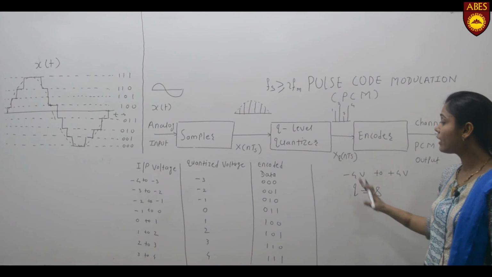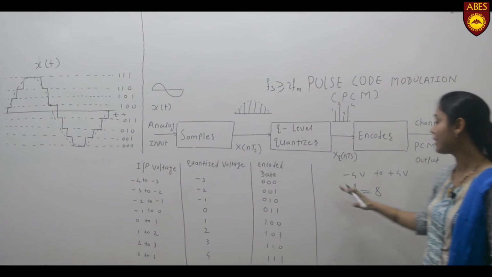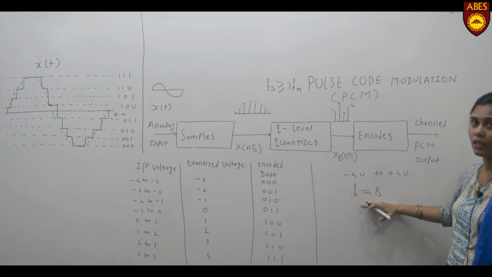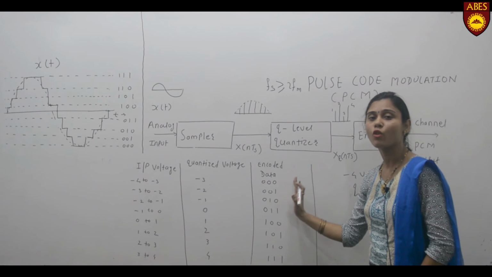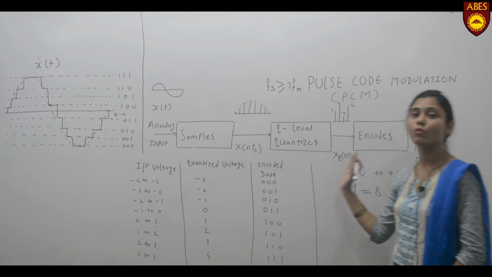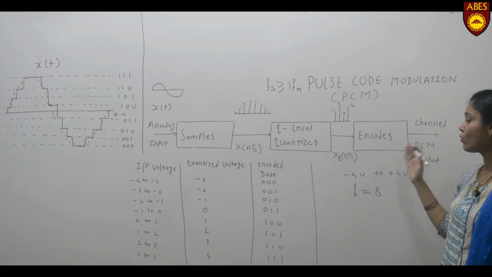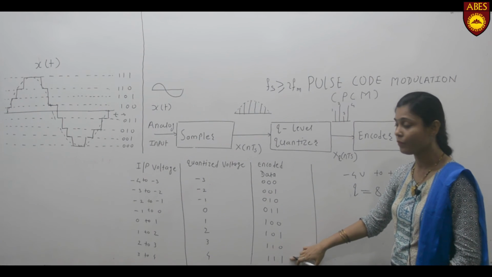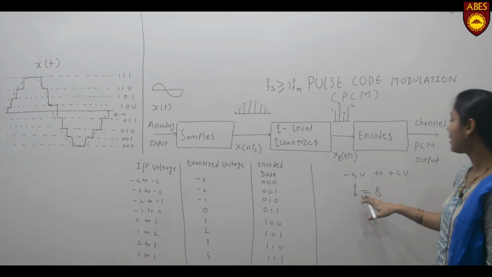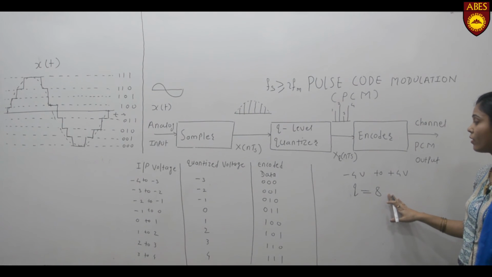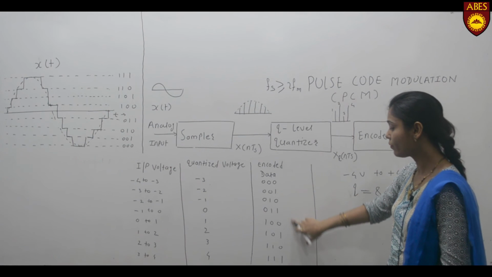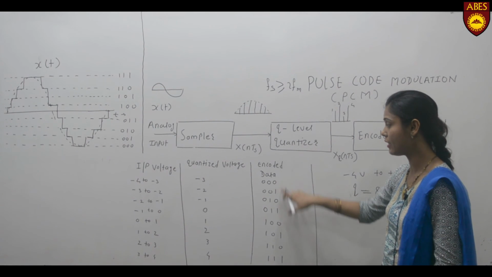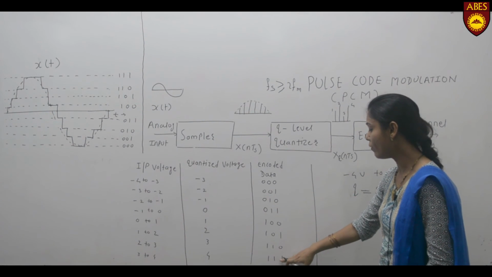We can also increase the number of bits by increasing the number of quantization levels. If Q is 16, then the data combination is a 4-bit combination, from 0, 0, 0, 0 to 1, 1, 1, 1. But here we are assuming that the quantization levels are only 8, so the codes are from 0, 0, 0 to 1, 1, 1.